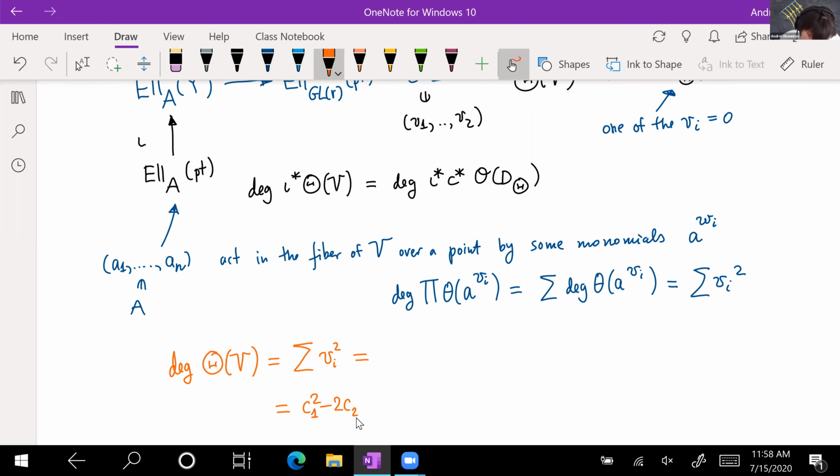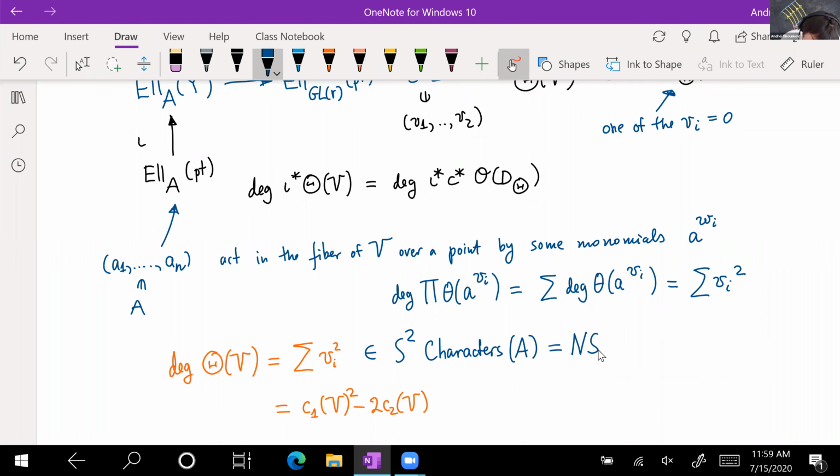So this is a particular class of the vector bundle: C1 of V squared minus 2C2 of V. And so this is an element that sits in the symmetric square of characters of my torus A. And the symmetric square of characters of A, that is the Néron-Severi group of the elliptic curve times co-character.